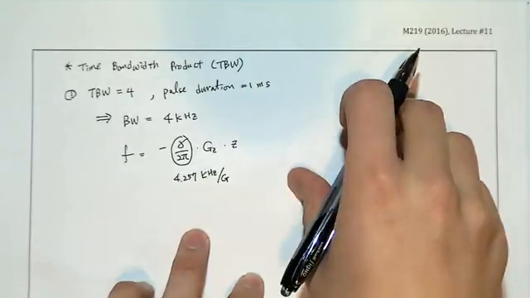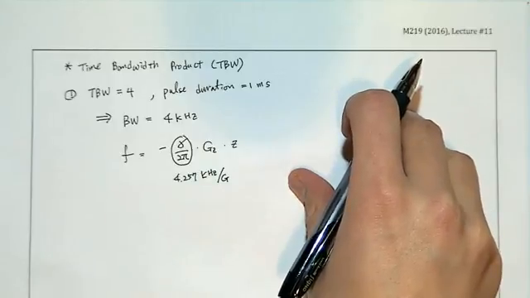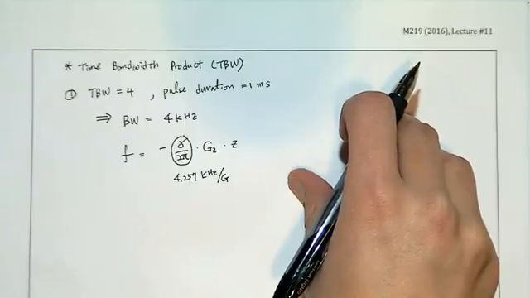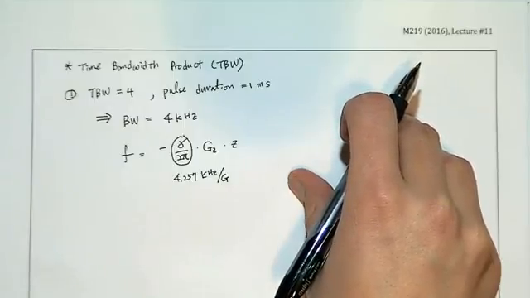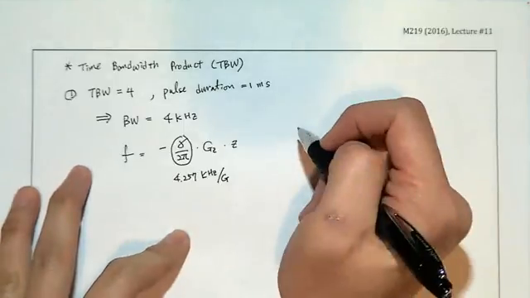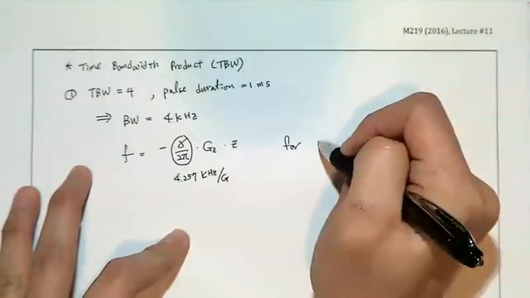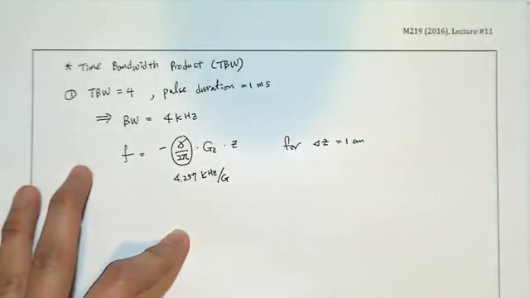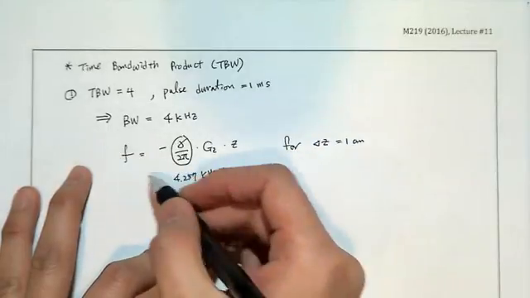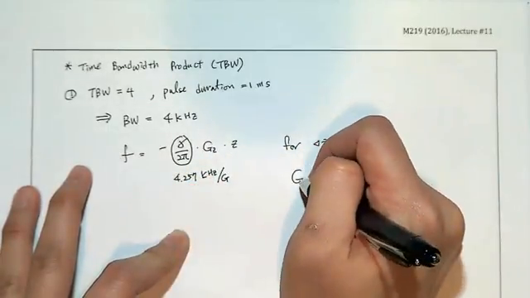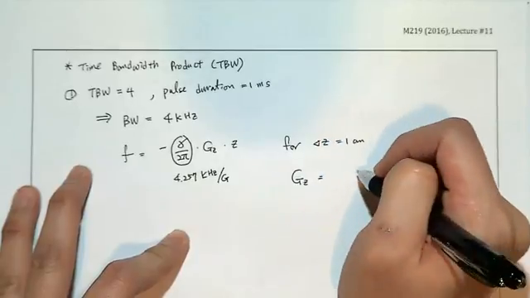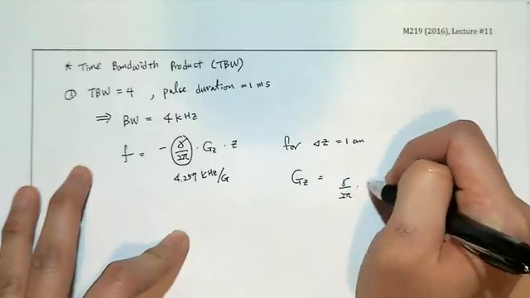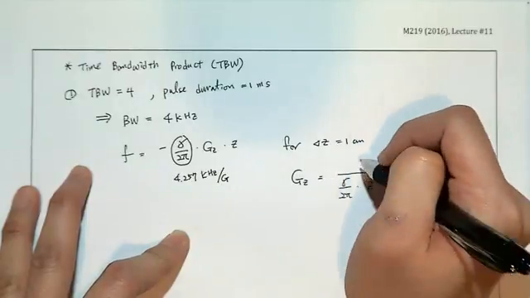So let's just assume we want to have 1 centimeter slice thickness. Then what will be the required gradient amplitude for a given RF bandwidth? If you want delta z to be 1 centimeter, then Gz is equal to gamma over 2 pi, z over f.